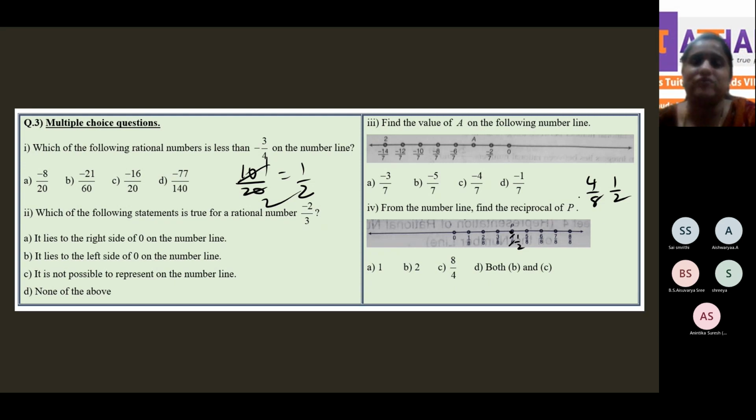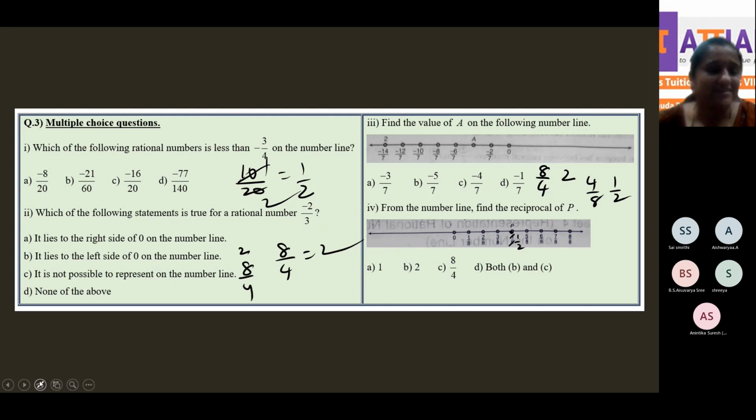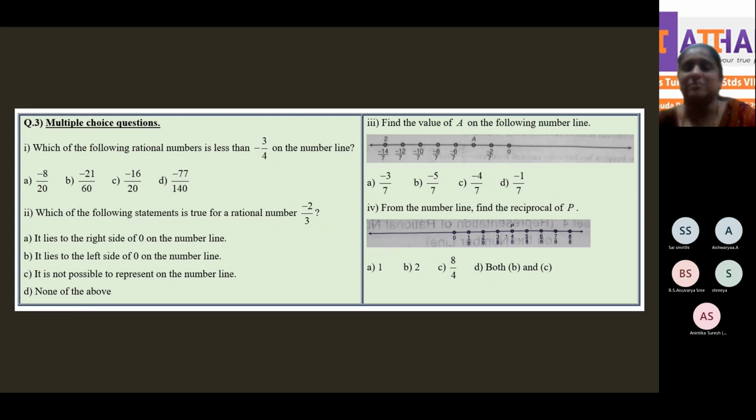So the reciprocal of 4 by 8 is 8 by 4. If you treat it as 1 by 2, then the reciprocal is 2. Both are correct. What do you think 8 by 4 is? 2 only. So it's the same.